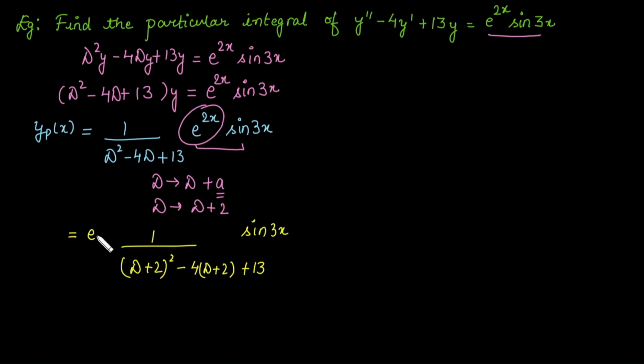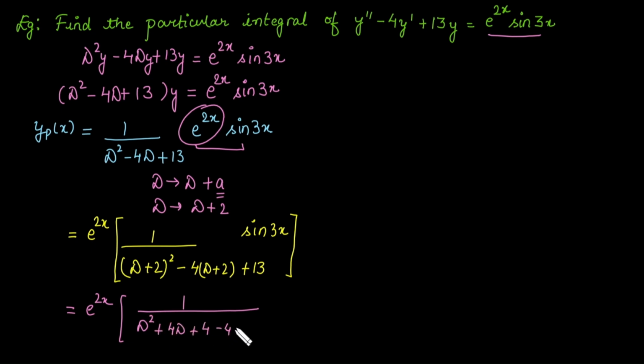That we will keep outside of this operator form, because the role of the exponential is only to replace D by D plus 2. Simplify this, we have e raised to power 2x, and this expression is D square plus 4D plus 4 minus 4D minus 8 plus 13, sine of 3x.